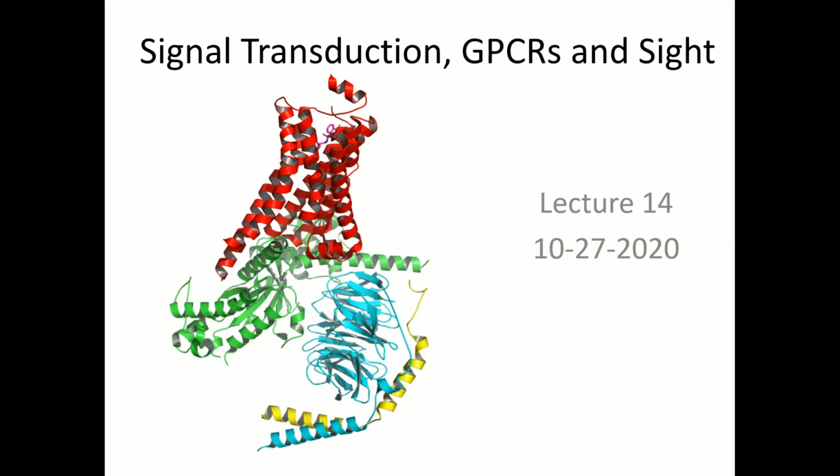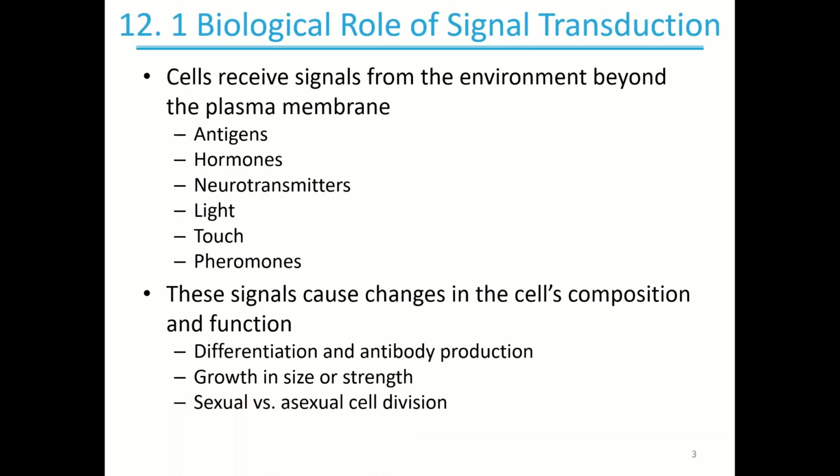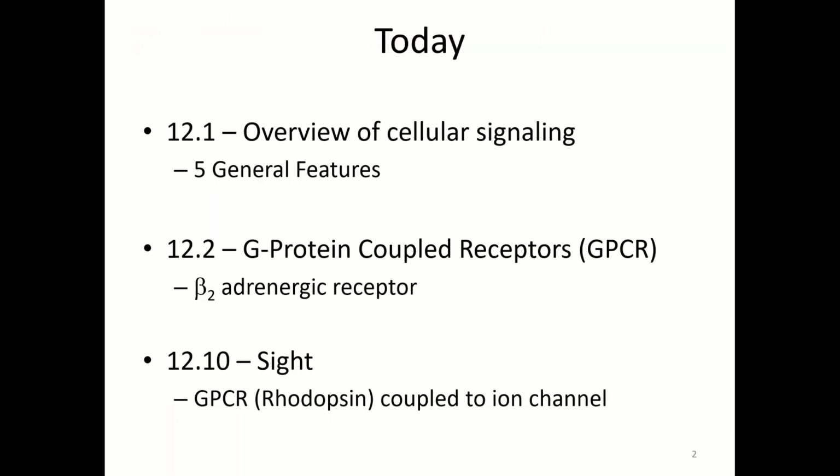Okay, and today what we're going to be covering is, one, just some general features of cellular signaling in general, and there are five really general features that are very important in all signaling pathways that we'll focus on. Okay, and that comes from the first section of the chapter.